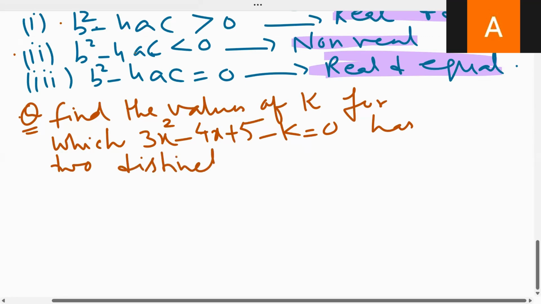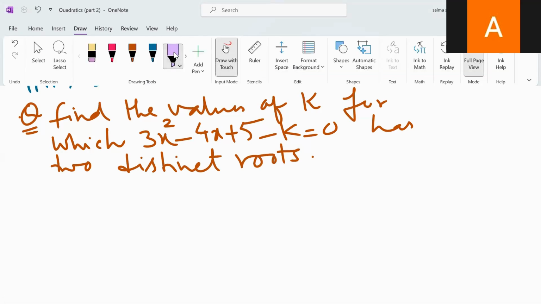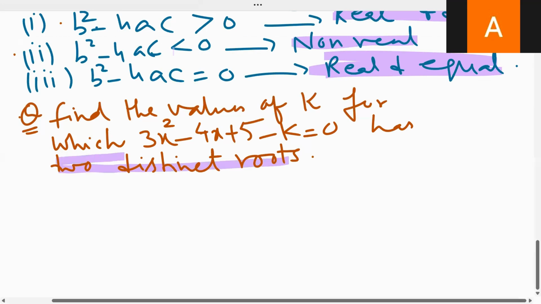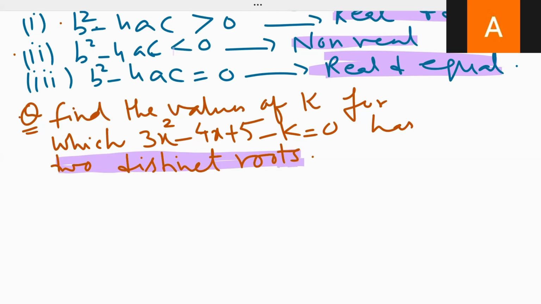To solve this, first you need to identify the condition you can apply, that is, in this case, two distinct roots. So highlight this condition, that roots are distinct. And now memorize the condition. Okay, what should we do now? Because the roots are distinct, it means that discriminant is greater than 0.